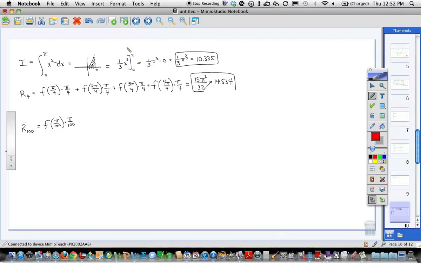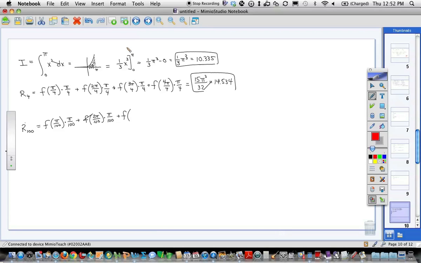I made this easier because we started the integral at 0. So our first right endpoint will be one width over, which is pi 100ths, and we'll plug that into our function to get our first right rectangle height. And then the next one is f of 2 pi over 100 times pi 100ths.